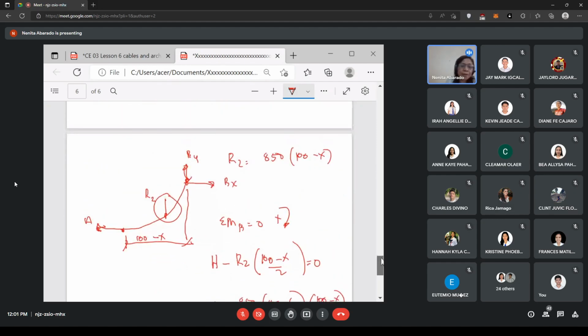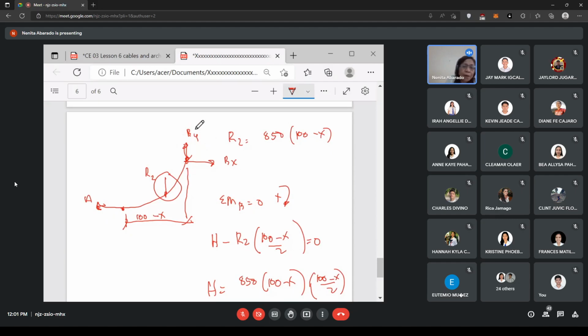Upon getting the value of R sub 1 and R sub 2 class, makukuha natin si BY. Let's say summation of forces vertical is equal to 0. So you have BY minus R sub 2 is equal to 0. So kung kahibaw na kasi R sub 2, makukuha mo si BY. Dine, kung kahibaw ka sa H, makukuha mo si BX because here H is equal to BX.